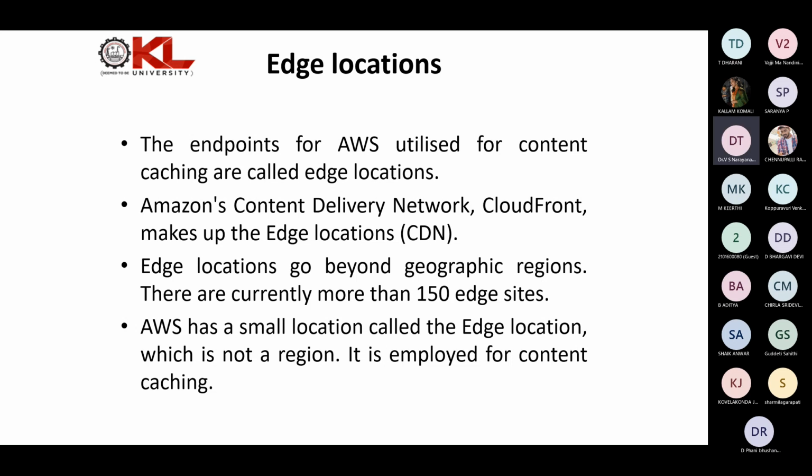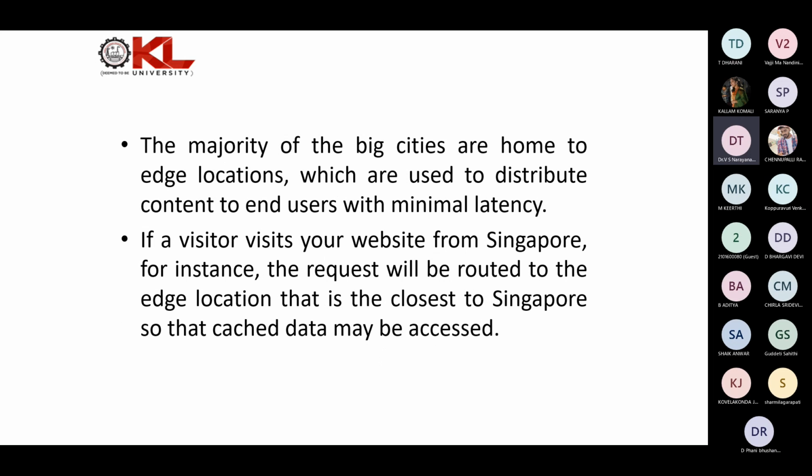There are currently more than 150 edge sites for Amazon Web Services. An edge location is a small location, not a region, employed for content caching. The majority of the big cities are home to edge locations.